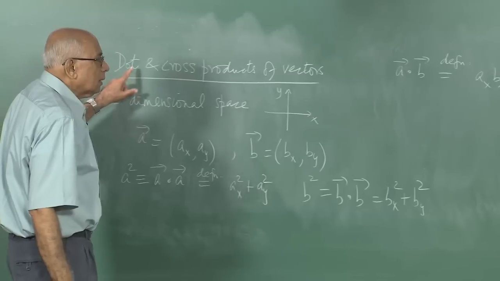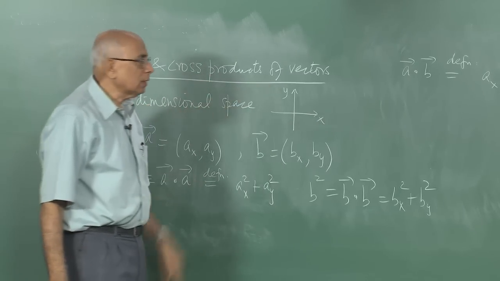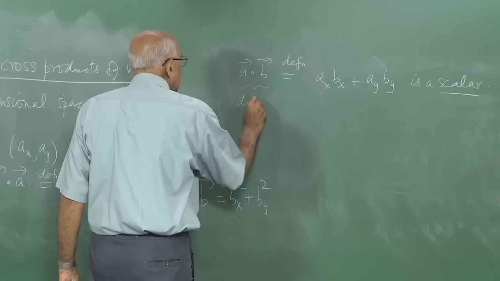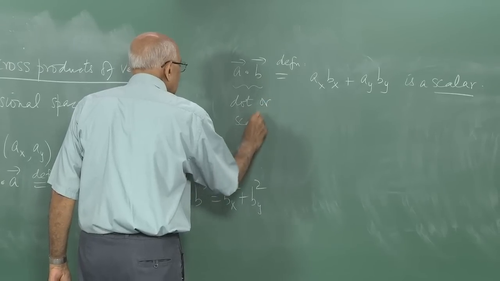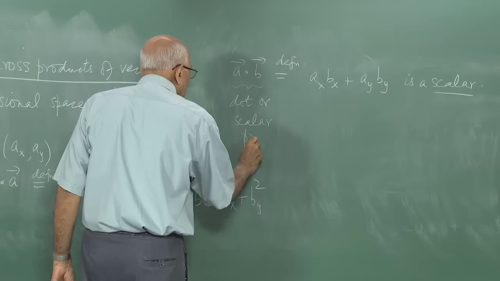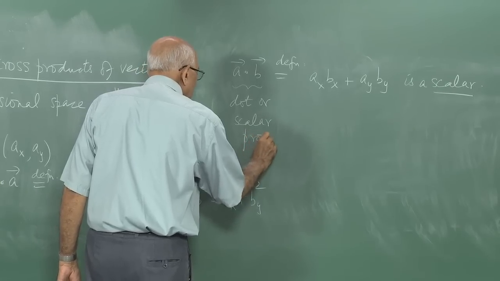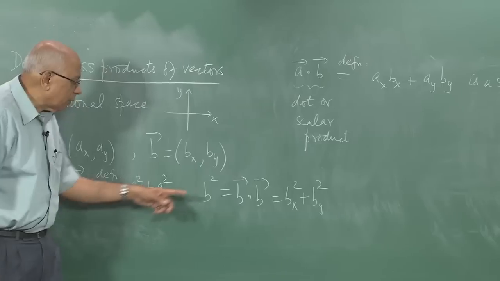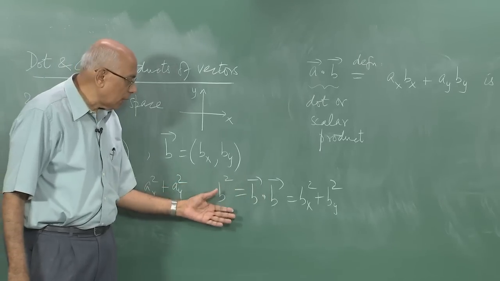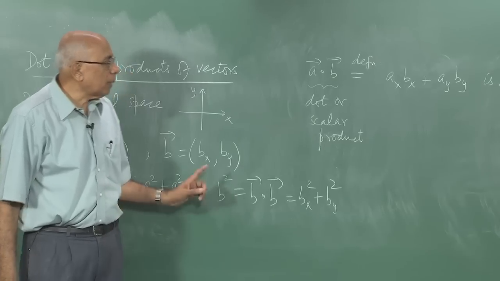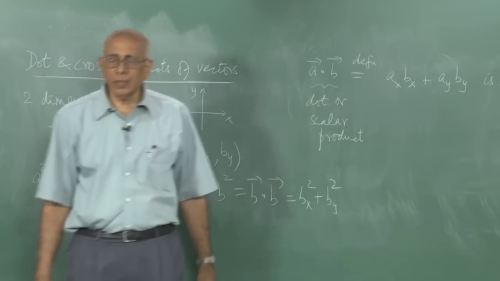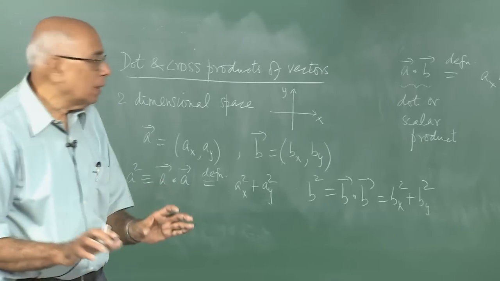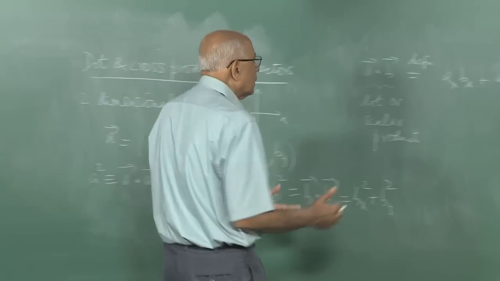So the dot product, which puts a dot between two vectors, is also called a scalar product. The dot product of a vector with itself, which is the square of the magnitude of the vector, is a special case of the more general definition that you give me any two vectors and then I form a dot product between them by multiplying like components.